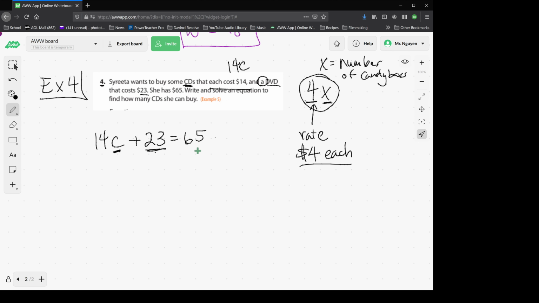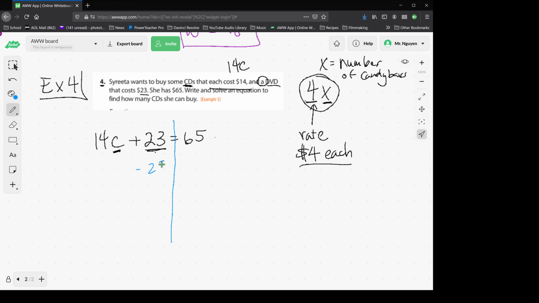And this is how this works. If you have $65, you can figure out roughly how many CDs you can buy using this formula. So let's work this out. Because this is the equation, there's a left side and right side. I'm doing the order of operations backwards.